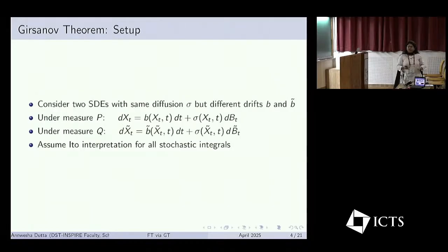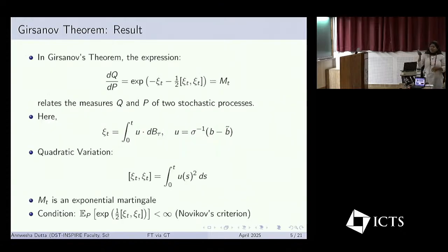Now, what is the Girsanov theorem? It states that if you have two stochastic differential equations with the same diffusion but different drifts, and one is under measure P and the other is under measure Q, and we assume an Ito interpretation for all the stochastic integrals, then the Radon-Nikodym derivative dQ by dP is given by an exponential martingale, which relates the measures Q and P of the two stochastic processes, where xi_t is related to the change in drift.